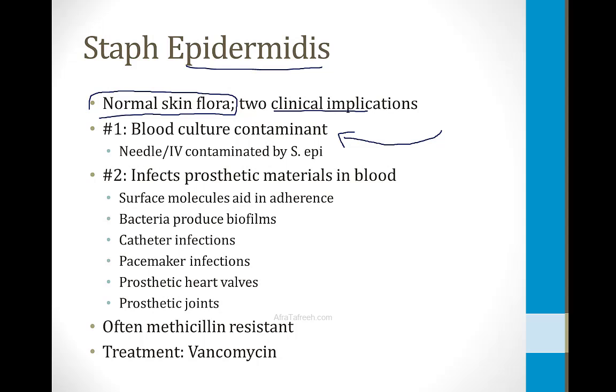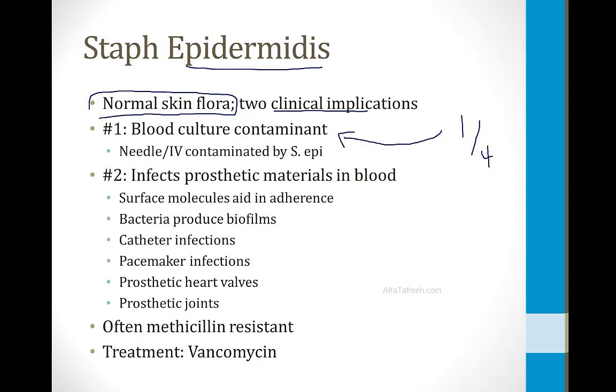In sticking that needle into the vein, you will often contaminate the blood culture with Staph epi if you haven't used good sterile technique. So usually 4 bottles of blood culture are sent to the lab. You put some blood into 4 different bottles, and you'll get, for example, 1 out of 4 bottles showing growth of Staph epi, and that's usually a contaminant. True bacteremia will often result in growth in all 4 of the bottles.